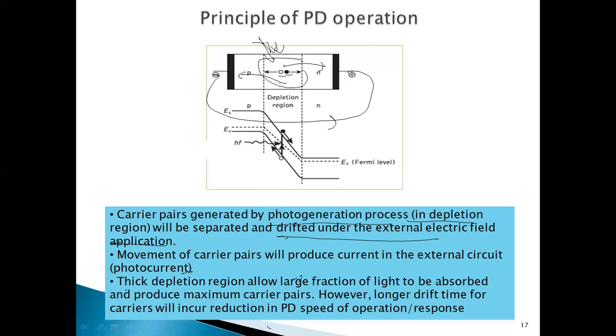But the effect of a thick depletion region is that more time will be taken for the drift of the carrier pairs, and as such, with a longer drift time, the speed of operation or the response of your photodiode will be slower. So those are the drawbacks of having a thicker depletion region.